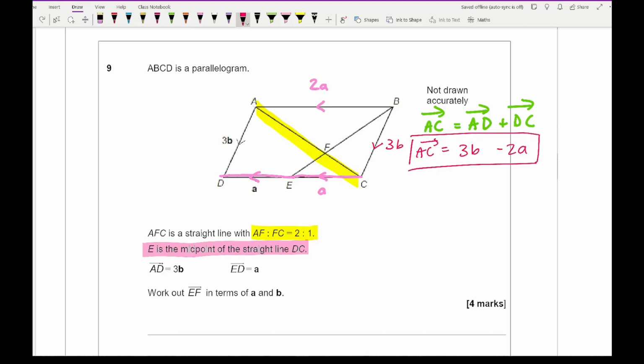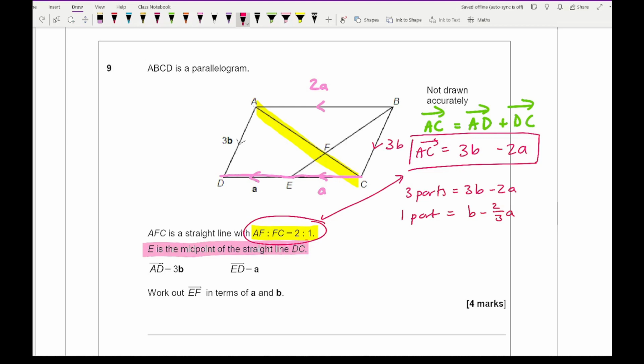So then what I then need to do is use this ratio and split that up into 3 parts. So 3 parts equals 3B minus 2A. So that means that 1 part is going to equal B minus 2/3 of A.